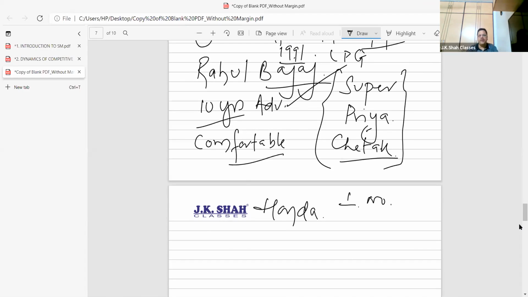So there was one competitor, Bajaj, one Yezdi motorcycle was there, one Rajdoot was there, and the other was Enfield Bullet. Then understand Bajaj. So Bajaj has monopoly. Everyone wants to buy Bajaj. The products Super, Priya, Chetak.